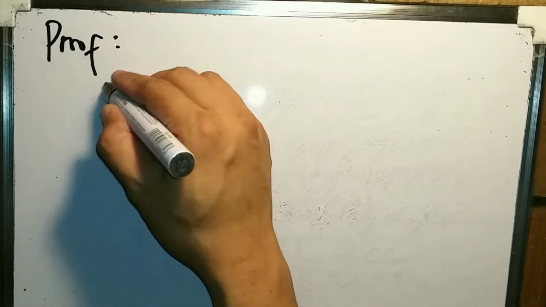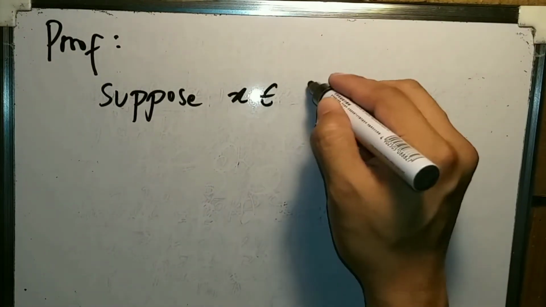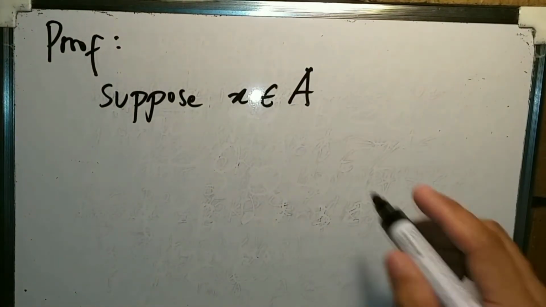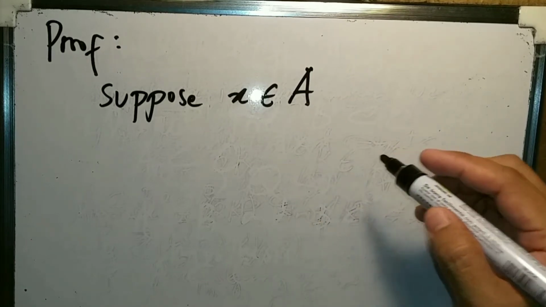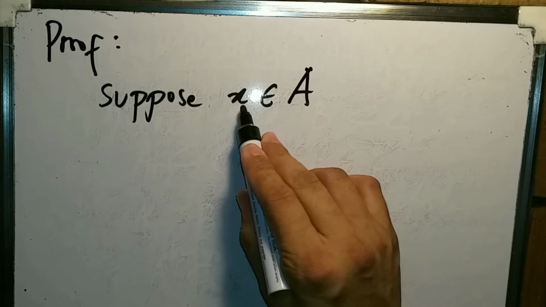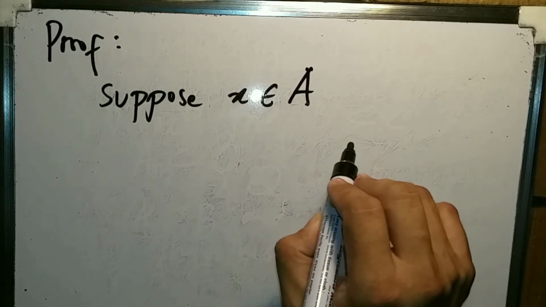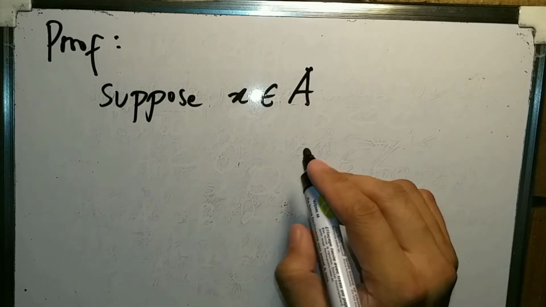So suppose X is an element of the set A. So we need to show that this element X must also be an element of the set C.